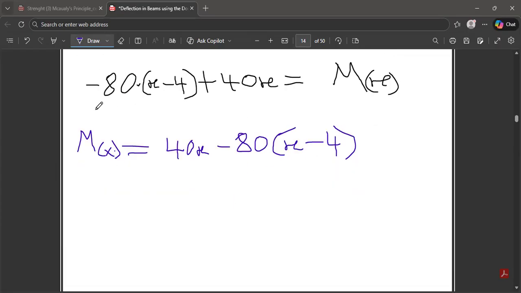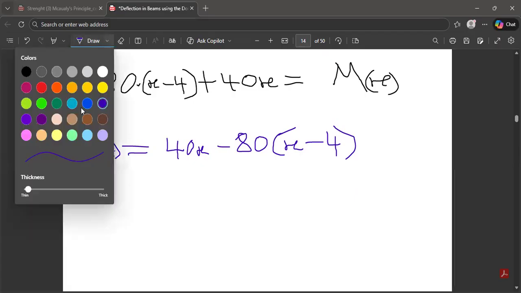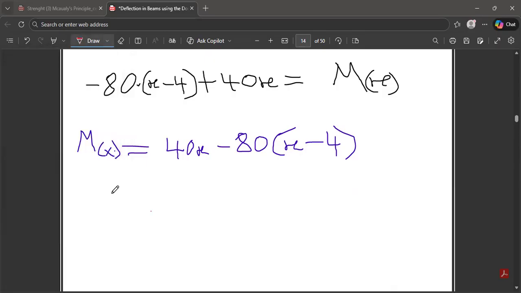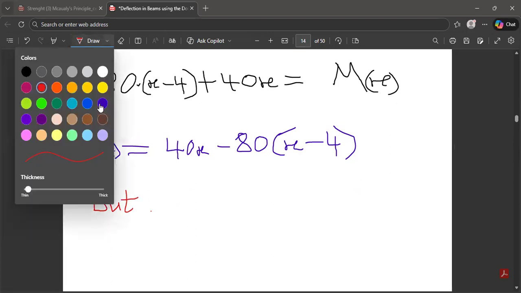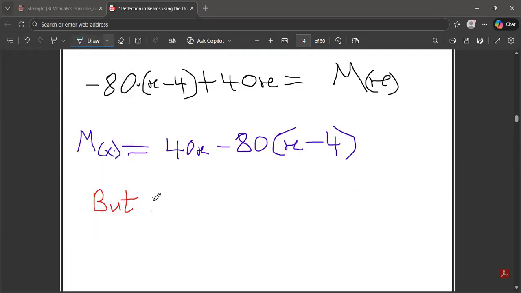But for Macaulay's method, we are saying that what? Our Mx is equal to what? The second derivative of the deflection of the member, times EI.